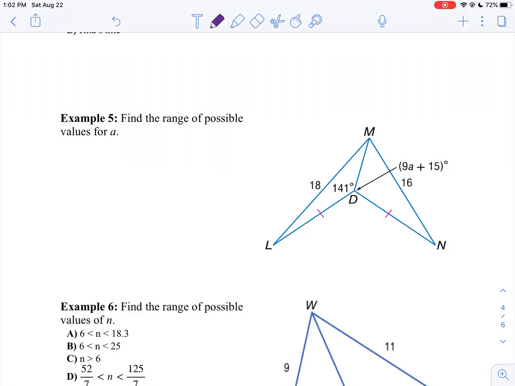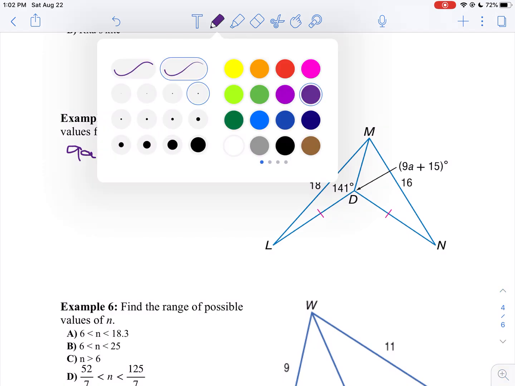So that tells me that MN is smaller than LM. So that means angle MDN, 9A plus 15, is less than 18. Well, we just do some algebra now to solve that.